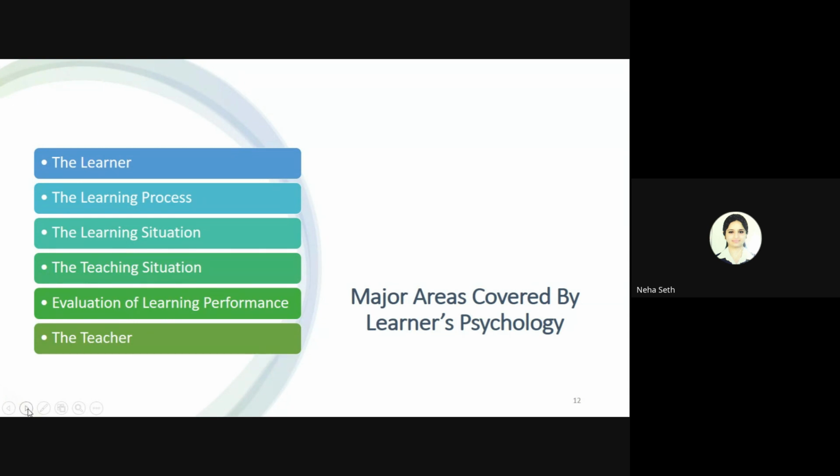And then the second factor can be the learning process. Okay, learning process or learning is the experience to be provided in the easiest possible way, with ease in the learning experience. So the easier the way we as teachers attempt to teach, the easier it would be for them to learn, and they will be more than happy to come to the class. And not just this, they will feel comfortable talking to you as a teacher as well.